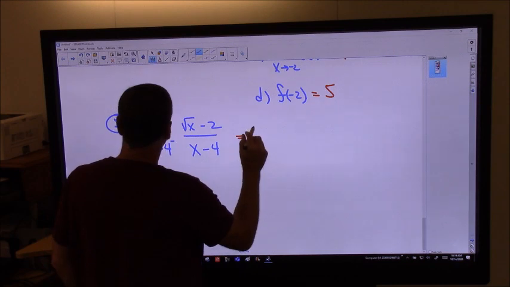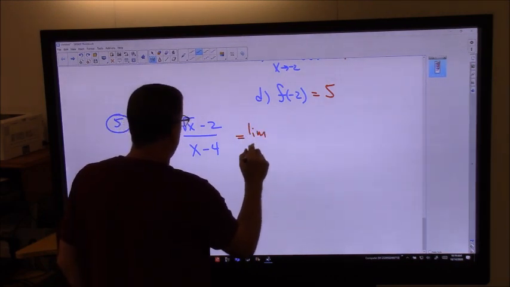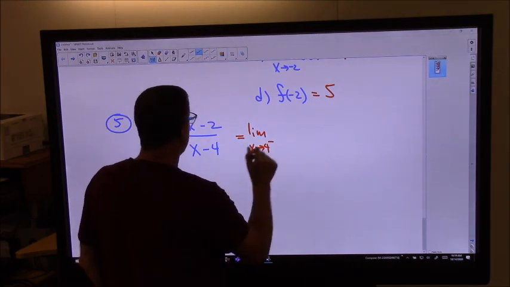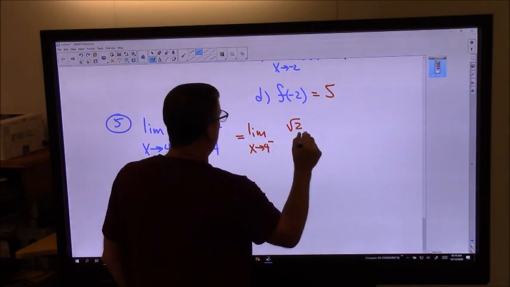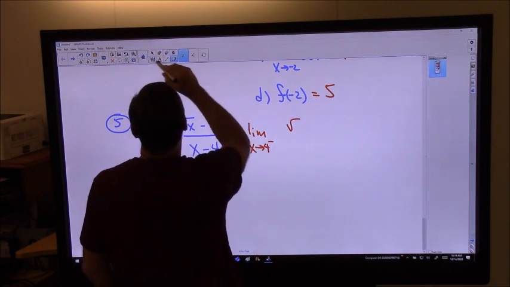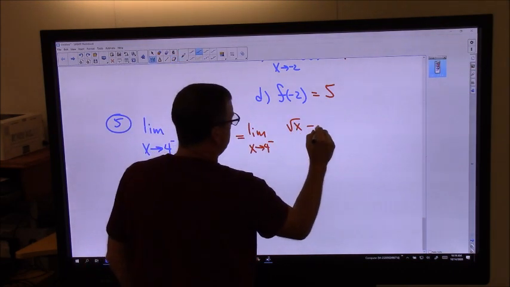If I write it down this way, the limit as x approaches 4 from the small side, I've got the square root of x minus 2.